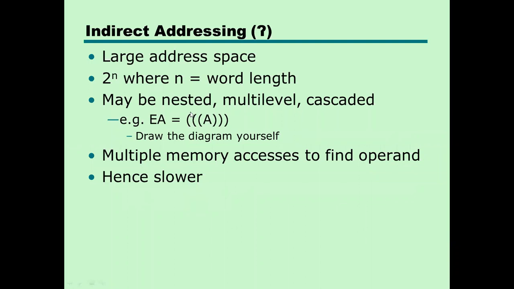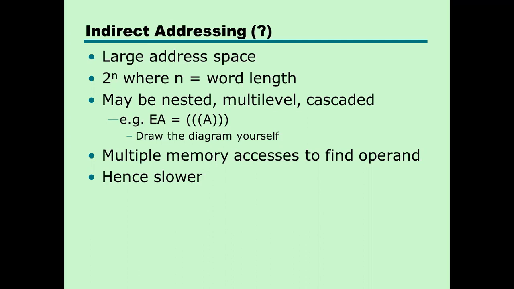In indirect addressing mode, we can have a large address space, and the effective addresses can be manipulated with multiple memory accesses to find the operand. This procedure is a little bit slower compared to immediate and direct addressing mode, because the microcontroller has to first contact the register where the address is located, and then that address is fetched.